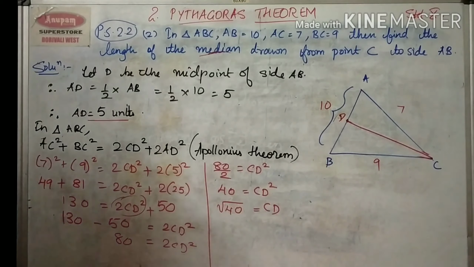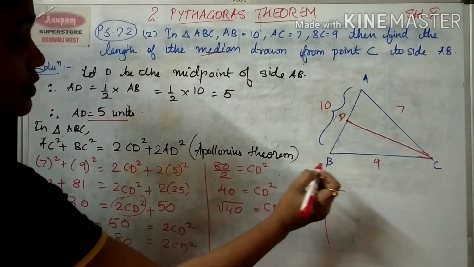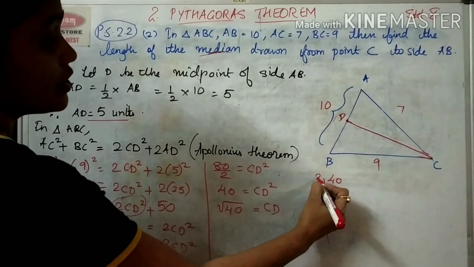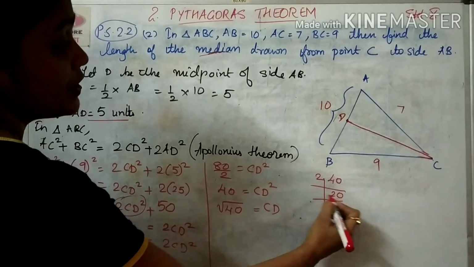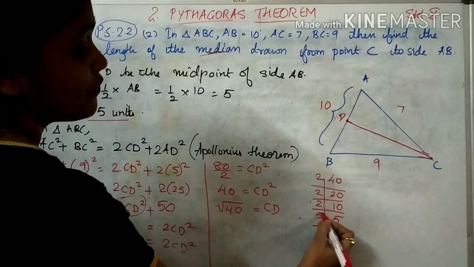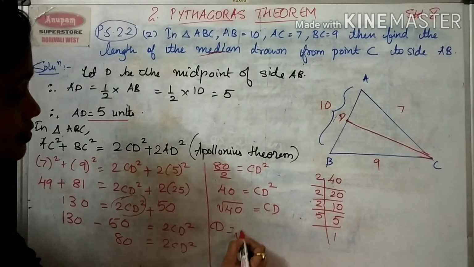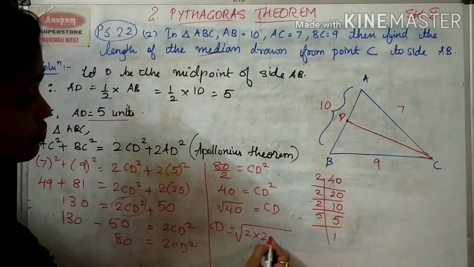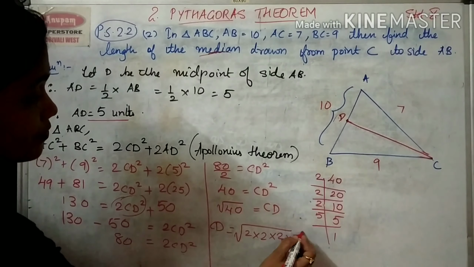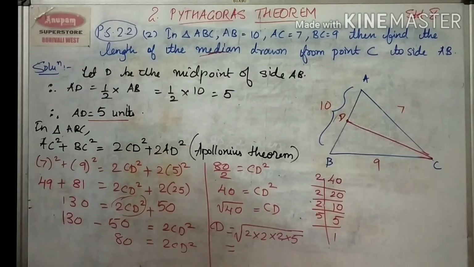But if you can't do that, one easy method is to find the factors of 40. Two 2s are 4, two 10s are 20, and so on. You write it as 2 into 2 into 2 into 5. In the next step, you make pairs of two similar numbers. So this will be my pair of similar numbers.